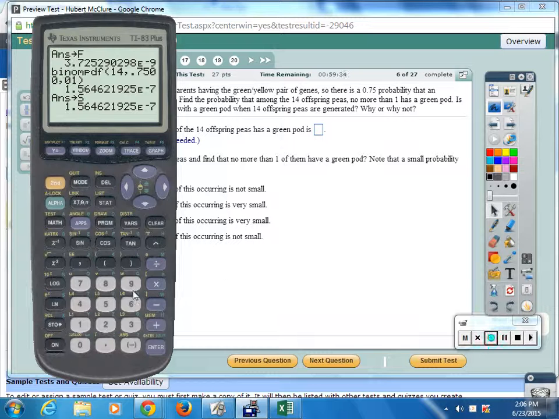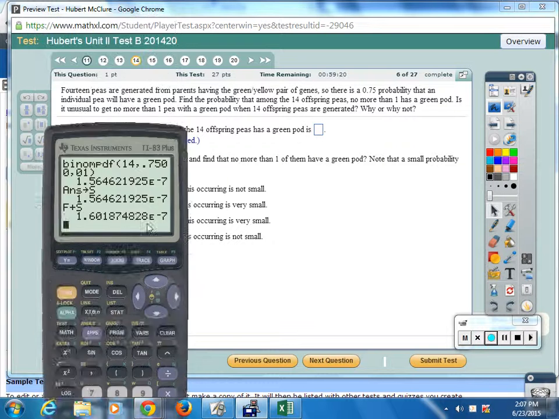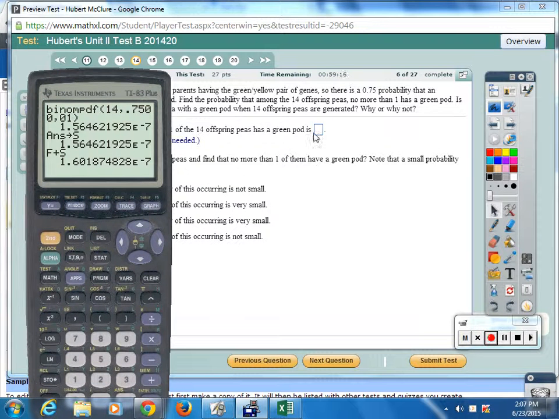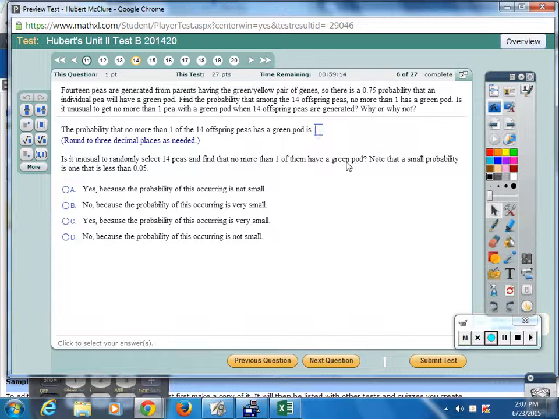And now alpha F plus alpha S equals, I got 1.6. It says round to 3 decimal places, 0.000. That's what I get.